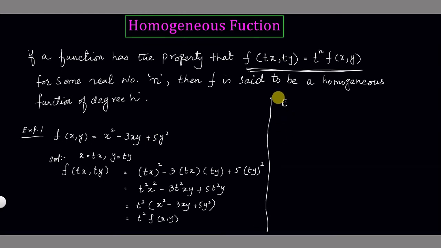Now the second example, example number 2. For instance, we have a function f of xy equal to x square plus y square, raised to the power 1 by 3.